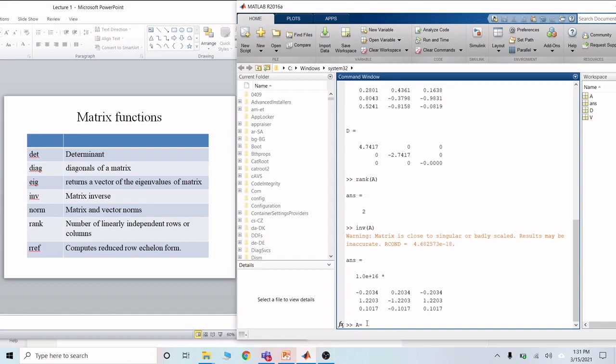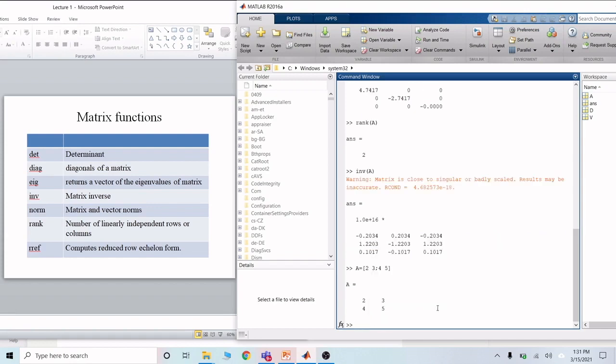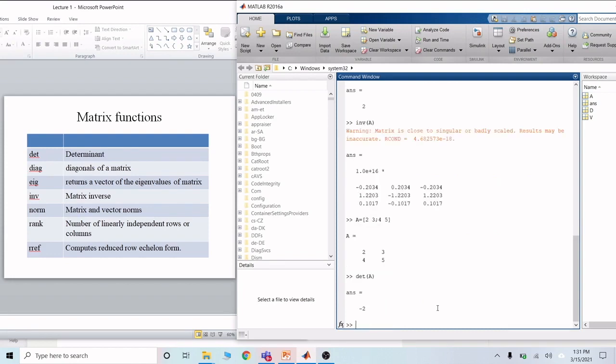Now I will show you a 2 by 2 matrix: 2 3, 4 5. DET of A. Earlier A was a 3 by 3 matrix, so I was not computing it by hand.